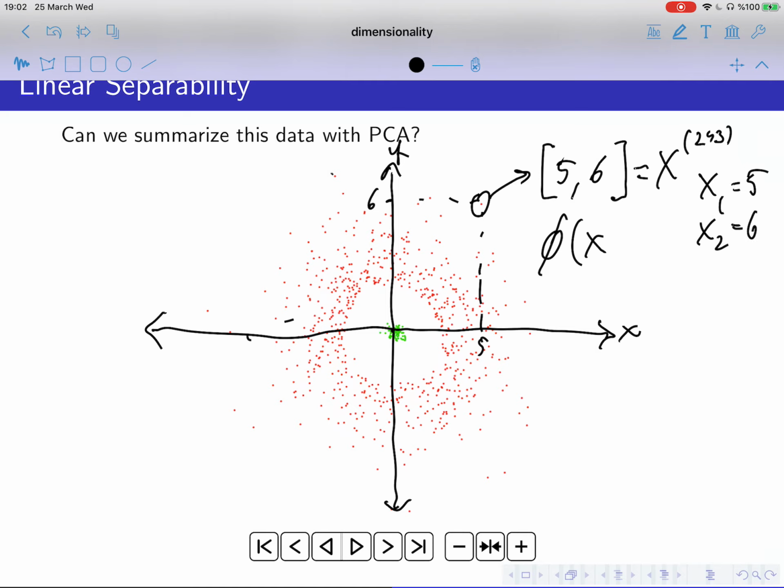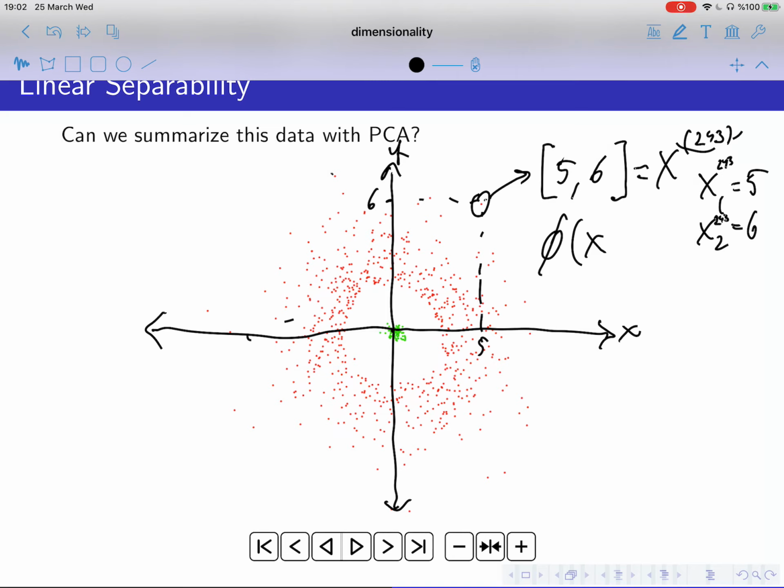The superscript is which instance it is, and the subscript is what dimension of that instance. So x1 of 243 is 5, and x2 of 243 is 6. This is the 243rd point, by some arbitrary way of counting these points.